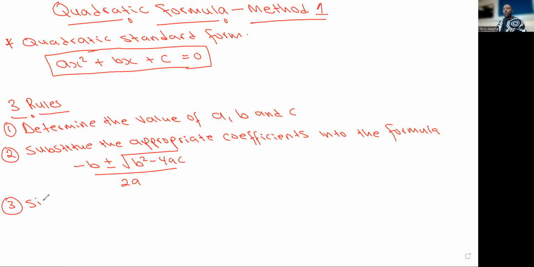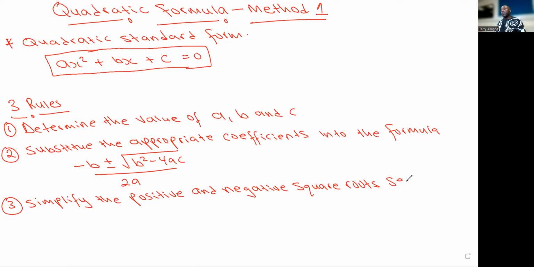Then, when you're done with that, you now have to simplify the positive and negative square roots separately. So what I'm saying is that you have to then solve minus b, because you can see from the formula has plus or minus, right?